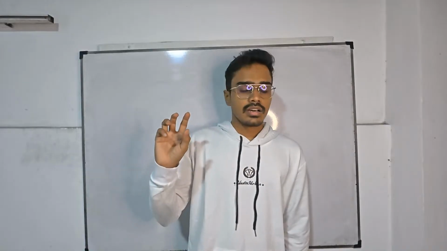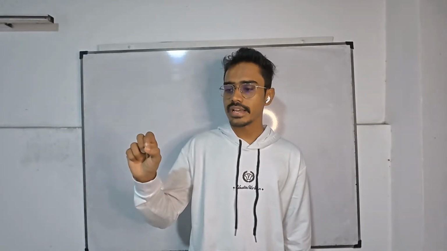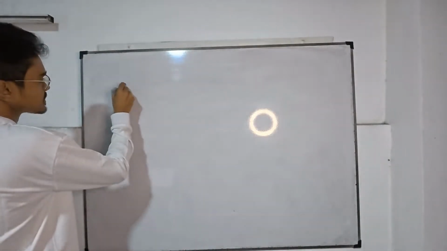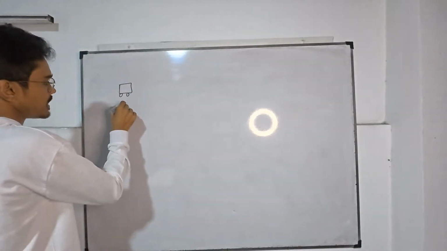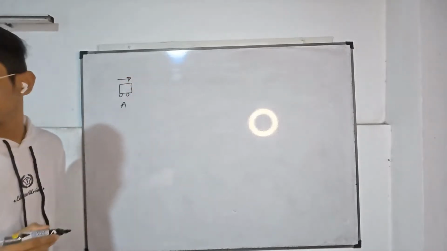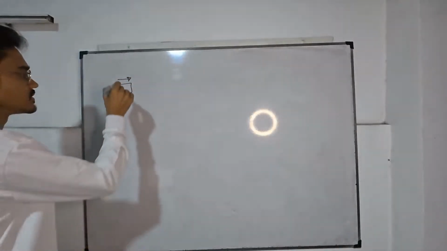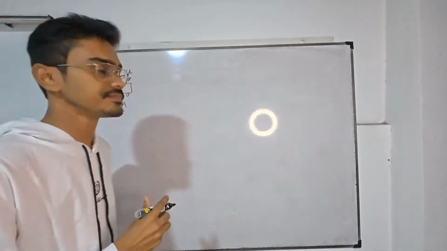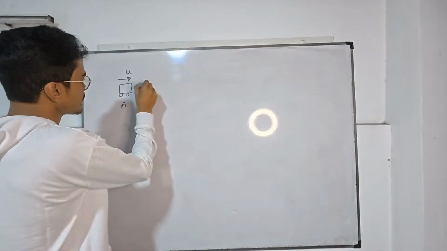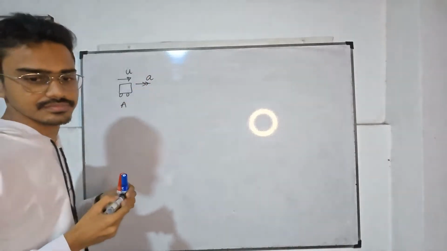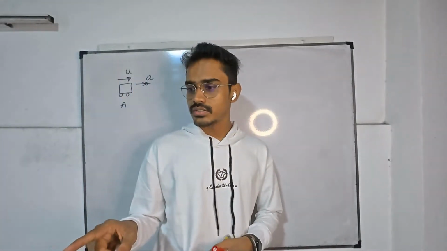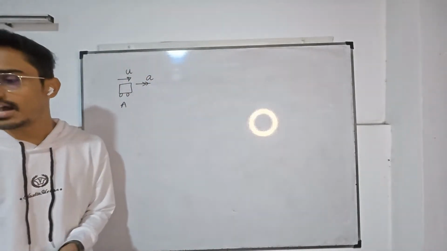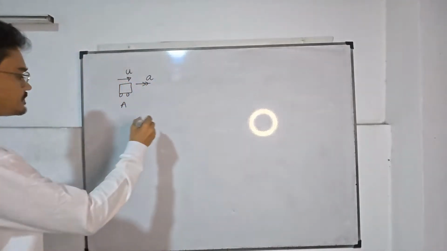If this is the bus, this bus passes point A at instant velocity u, and the acceleration of the motion is a. Now you are asked to plot the Vt and St variations. Okay, clear?